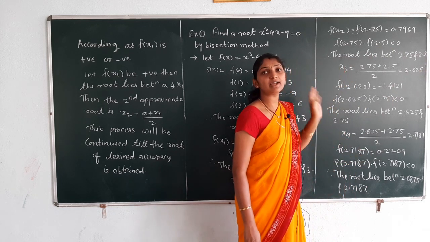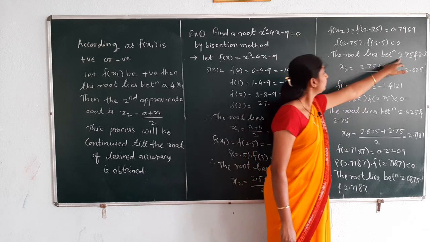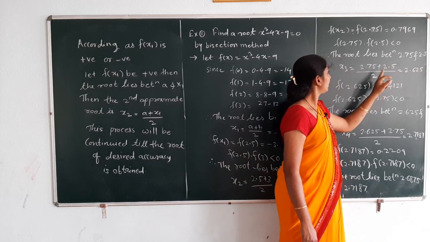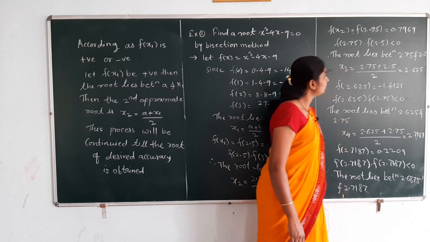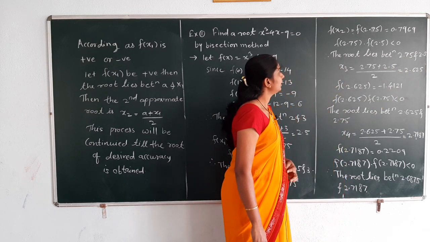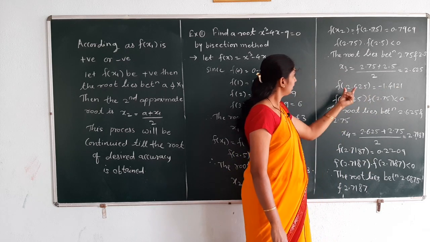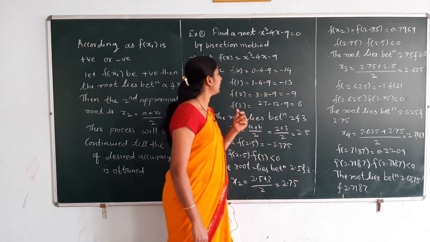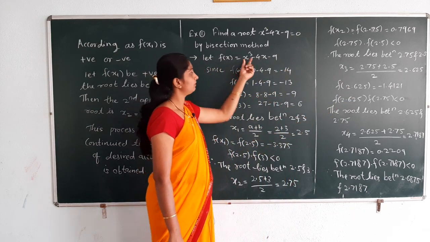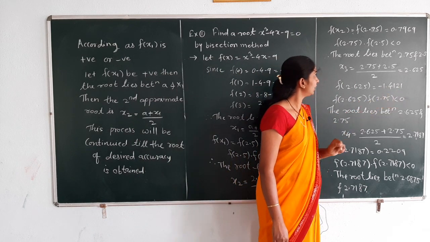Therefore, our third approximation root, x3, becomes 2.75 plus 2.5 upon 2, which is equal to 2.625. Here we put x3, that is 2.625, in the function, then we get f of 2.625 is equal to minus 1.4121.